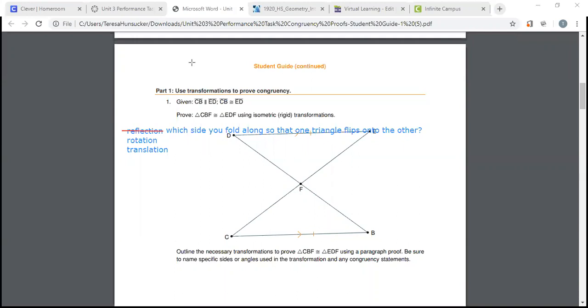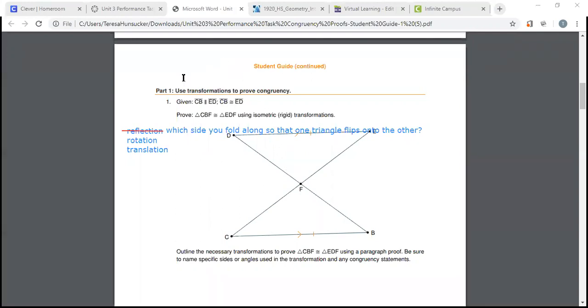So when you think of the hands of the clock, where the hands of the clock meet at the center of the clock, that point doesn't move. Okay, that's a fixed center of rotation. What point can we turn triangle CBF around onto EDF? So think about that.